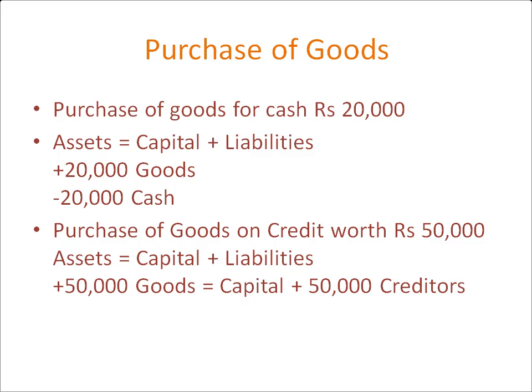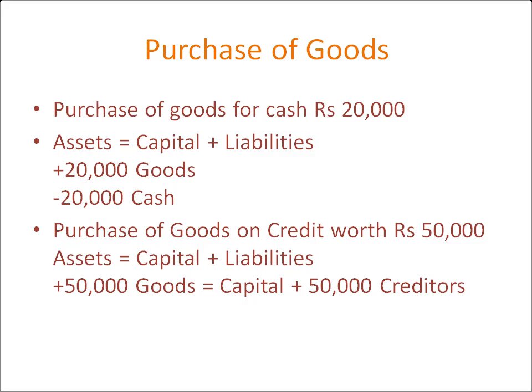Next transaction, that is purchase of goods. Purchase of goods for cash rupees 20,000. How does this transaction affect the accounting equation? When the goods are purchased, the goods increase on the asset side, that is, goods are increased by rupees 20,000, and cash is paid.